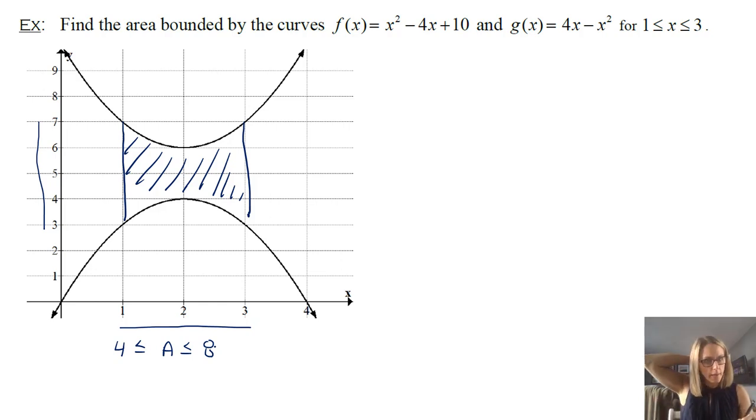It's greater than 4 because we've already shaded 4 little unit squares, but less than 8 because 8 would include everything, including this space up here and this space down here, which we know we don't have. So just as an idea, our answer should be between 4 and 8.